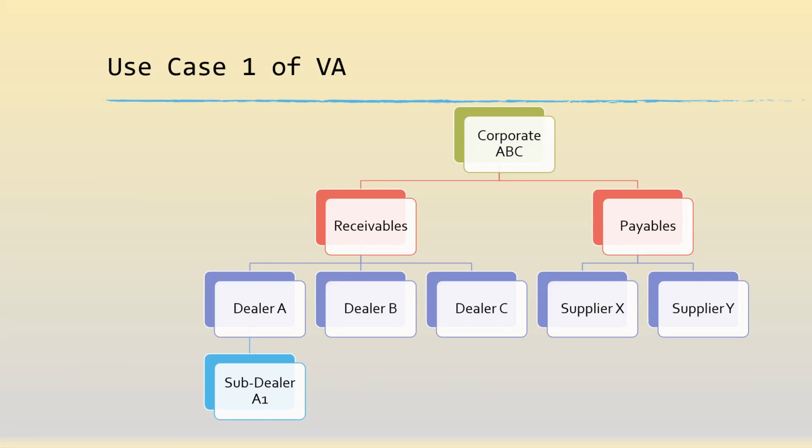So when the corporate wants to receive funds from, say, dealer B, instead of paying to the actual real account of corporate ABC, it can just pay into the virtual account for dealer B. Similarly, when the corporate is paying to the supplier X, it can pay to the virtual account of supplier X.